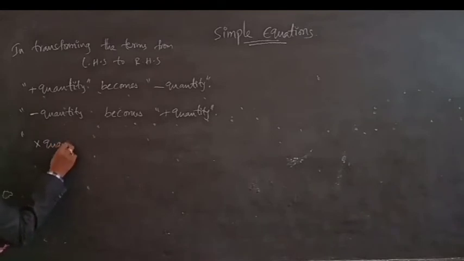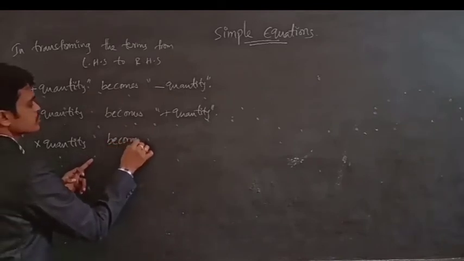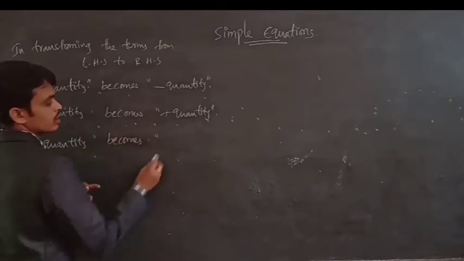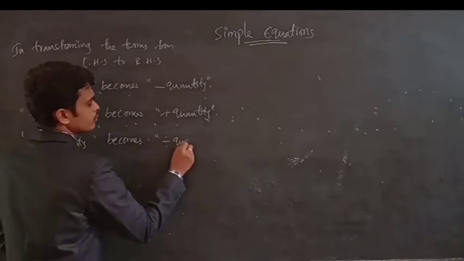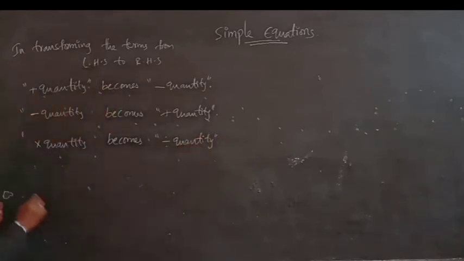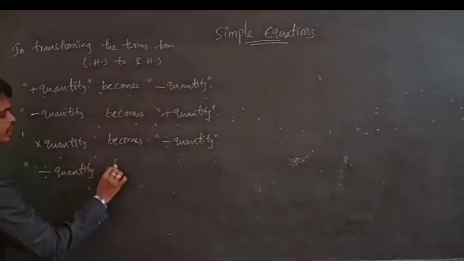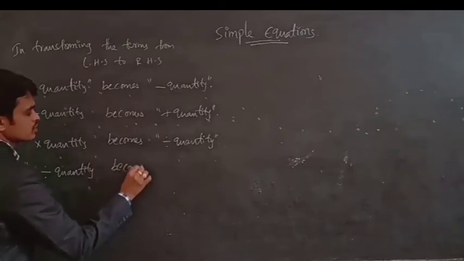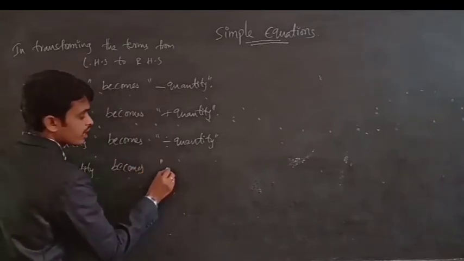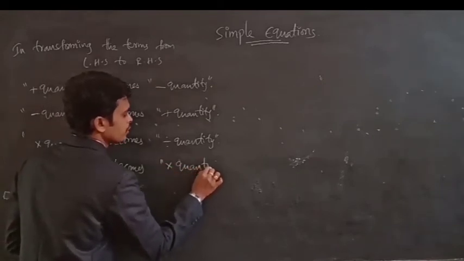Next, the multiplication quantity becomes a division quantity. Next, the division quantity becomes a multiplication quantity.